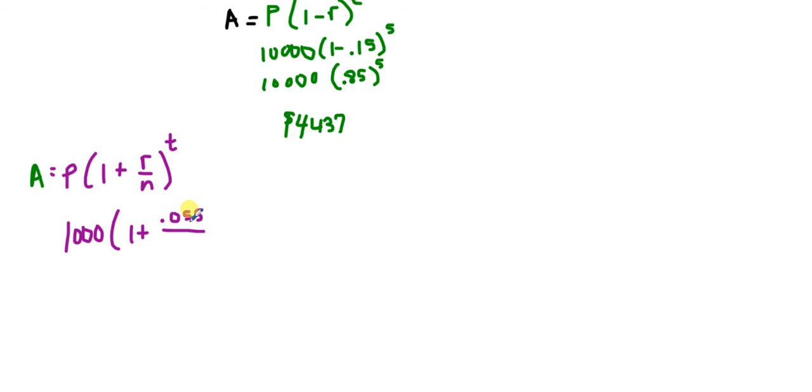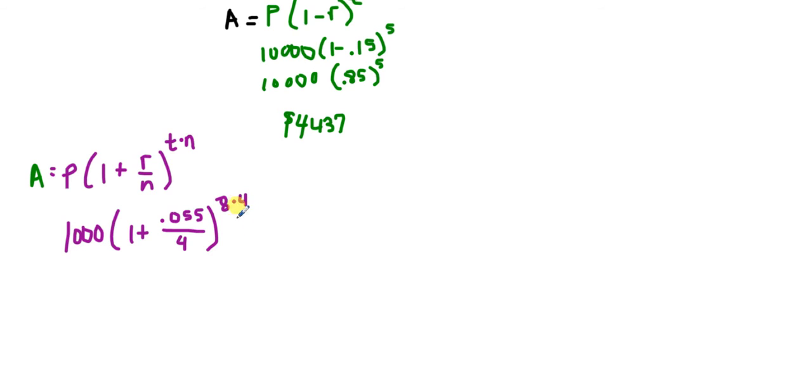Think of the whole number 5%, and that's 0.05. You move the decimal point over 2 if you want to see the percent. And quarterly would be 4, monthly would be 12. And then for compound interest, I should have put that up there, that's t times n. So let's do it for 8 years, and we have to multiply this by 8.